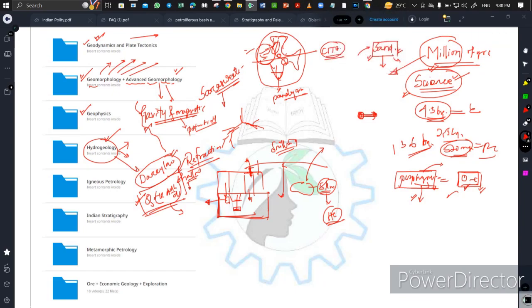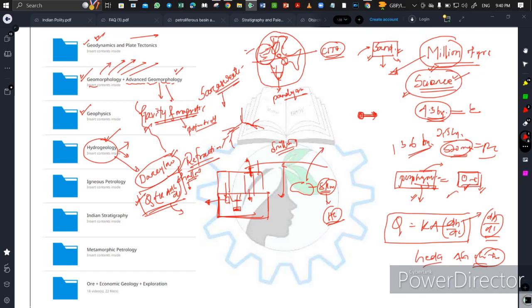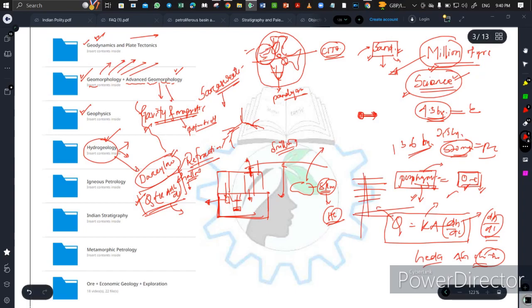When you write Q is equal to KA dh by dl, then we are representing the Darcy law in terms of head difference. When we are talking dh by dl, this is basically head difference. Delta h is equal to h2 minus h1. So in terms of head difference, we are calculating the volume of water that is being discharged, and the hydraulic conductivity of the aquifer formations, if they are present in series, parallel, along, across, vertical conductivity, horizontal conductivity.